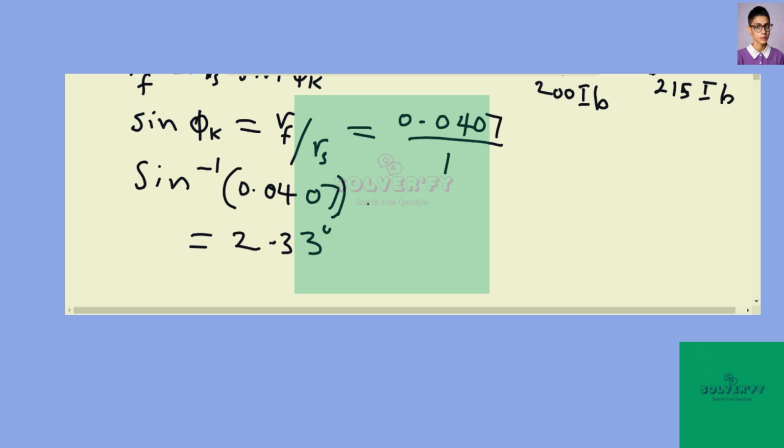But of course, we know that mu, the coefficient of static friction, mu_s, is equal to tan phi_k.